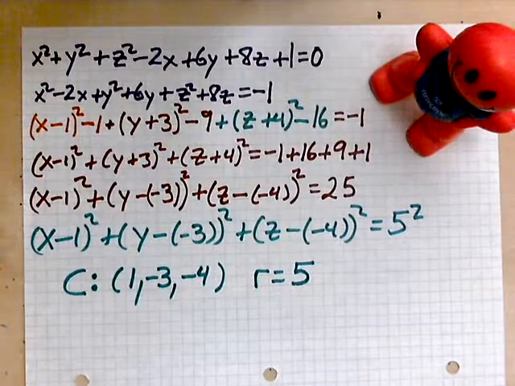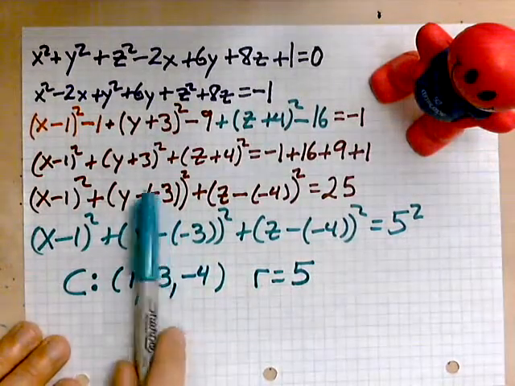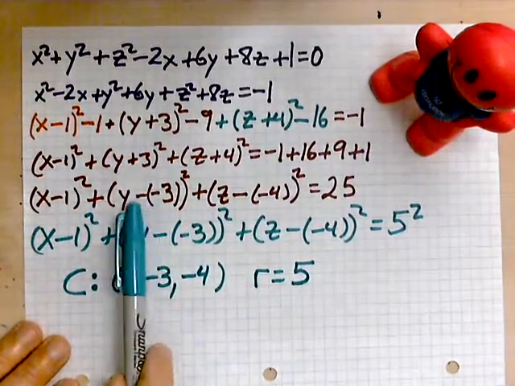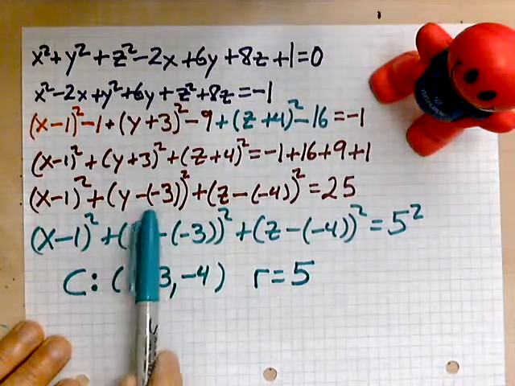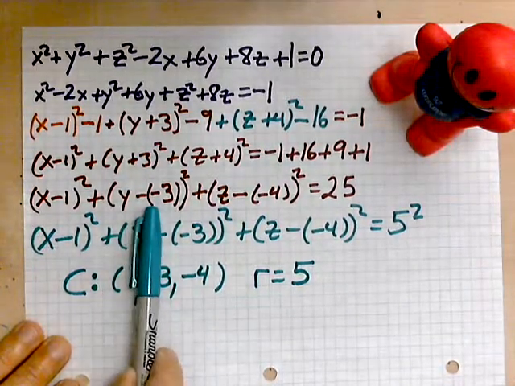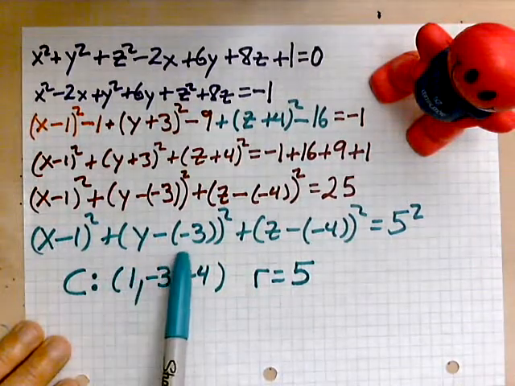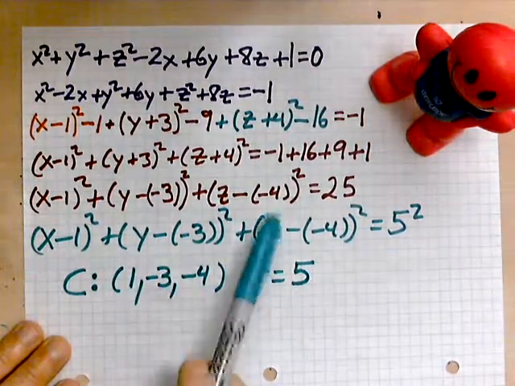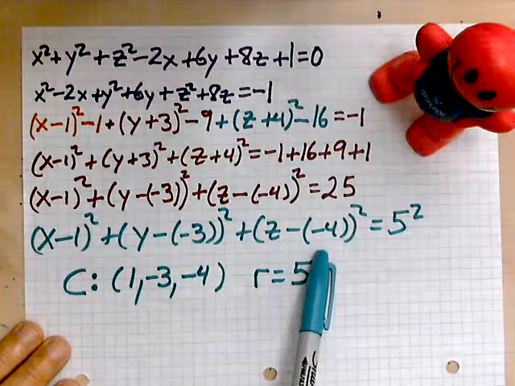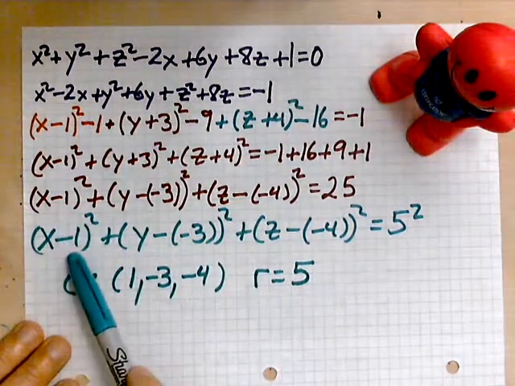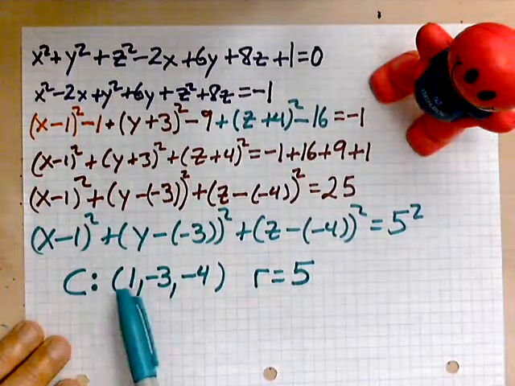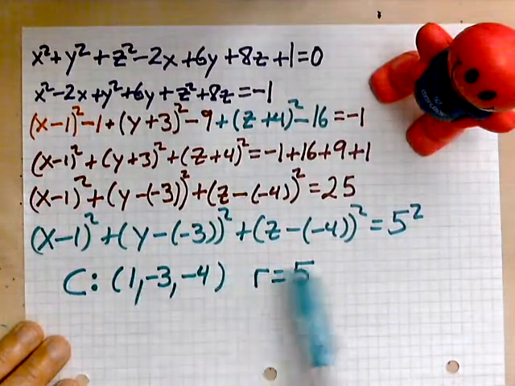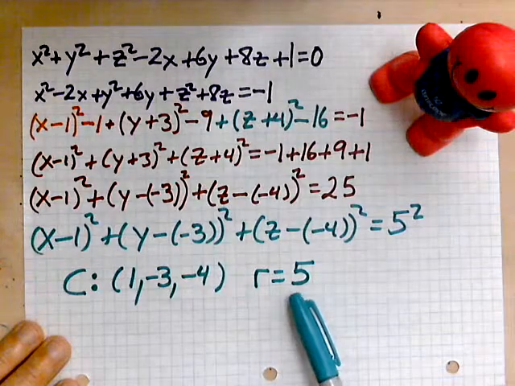So this is the procedure, and at this step I chose to rewrite the pluses as minus a negative, because this reveals very quickly that the y is centered at negative 3 and the z is centered at negative 4, but the x is centered at positive 1. Okay? So the center is 1, negative 3, negative 4, and the radius of our sphere is 5.